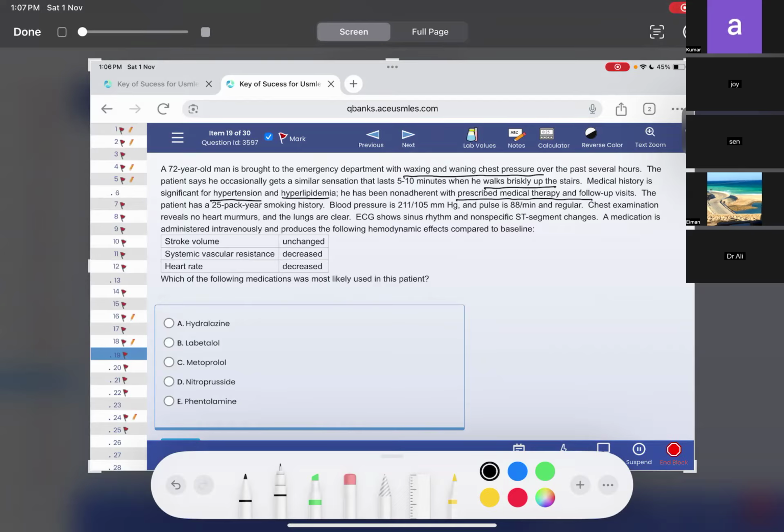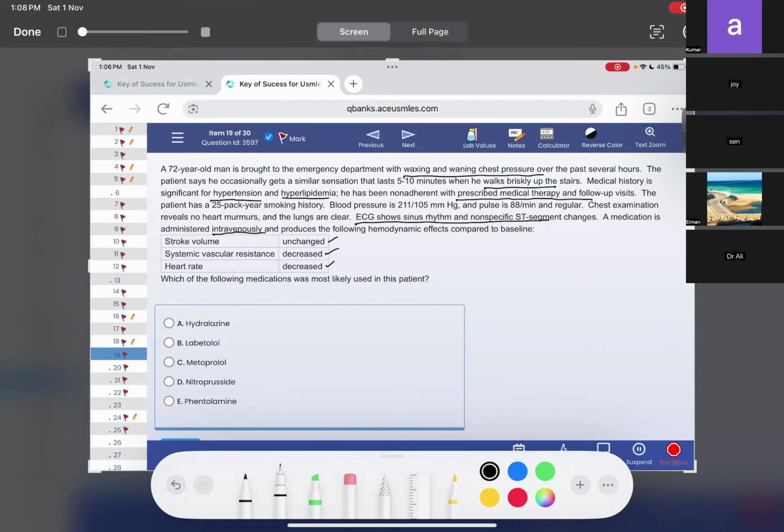Blood pressure is 211 over 105 millimeters of mercury and pulse is 88 per minute and regular. Chest examination reveals no heart murmurs and the lungs are clear. ECG shows sinus rhythm and non-specific ST segment changes. A medication is administered intravenously and produces the following hemodynamic effects compared to baseline: stroke volume unchanged, systemic vascular resistance decreased, heart rate decreased.